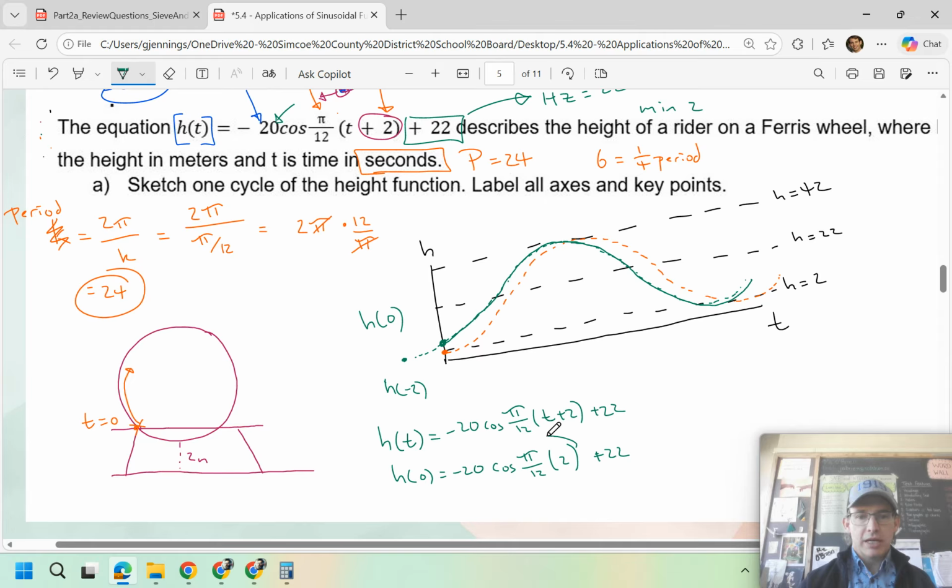So this is asking us to evaluate, that's the argument of cosine. It's asking us to evaluate cosine of pi by 6. Hey, we can use our unit circle to visualize that. So cosine of pi by 6 is what exact value?